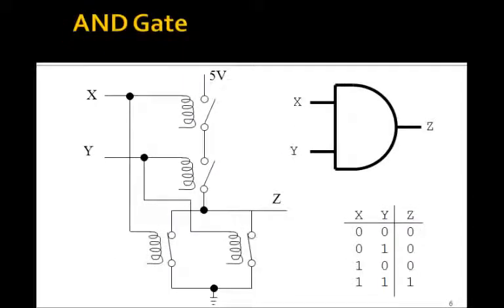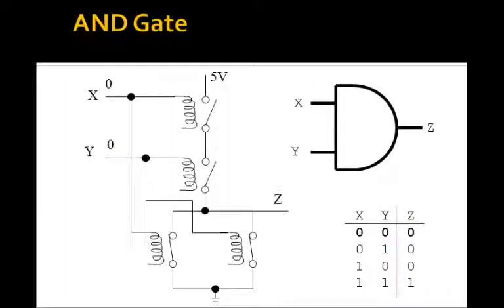How about an AND gate? Well, suppose we take 4 relays, put 2 normally open ones in series from the output to 5 volts, put 2 normally closed ones in parallel to ground, and let's see what happens. If the 2 inputs are 0, we want the output to be 0. Well, these 2 are closed, so they both go to ground.